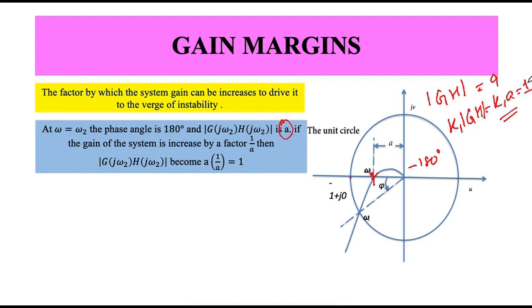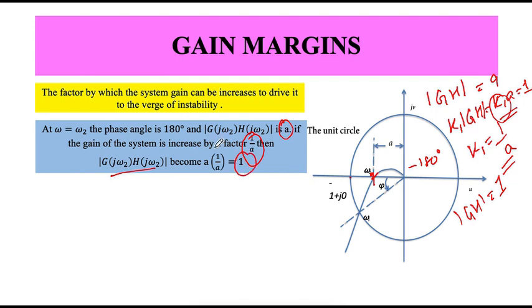So I ask, at what point does this reach 1? How much can I increase this gain factor? Well, K1 equals 1 by A. So GH equals 1 at this point when my K1 is 1 by A. So K1 can be increased by a factor of 1 by A, and at that point GH becomes 1.